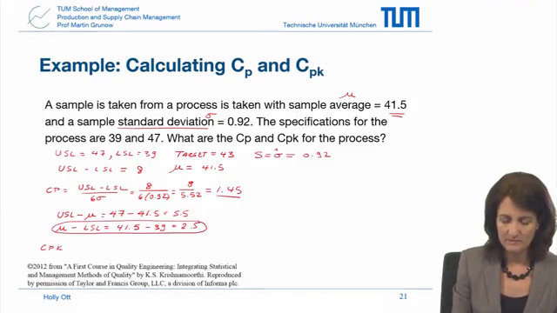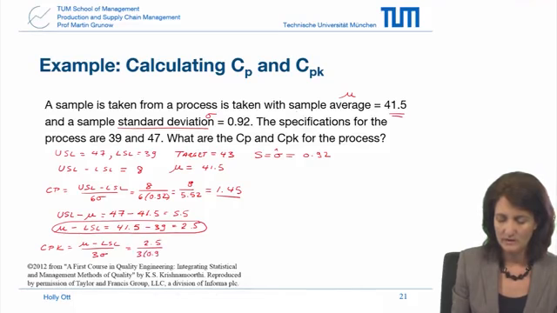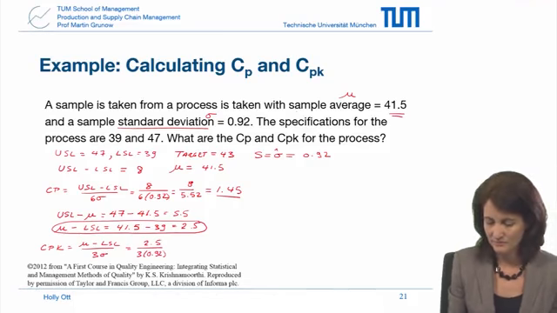CPK then is mu minus LSL over 3 sigma, which is going to be 2.5 over 3 times 0.92, which equals 2.5 over 2.76, which gives us a value of 0.91.